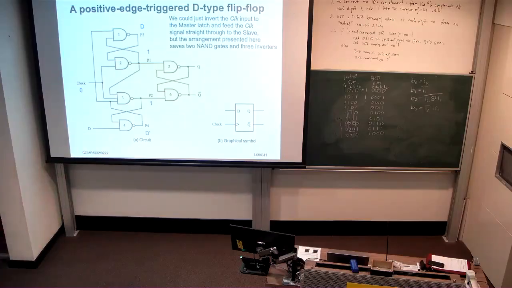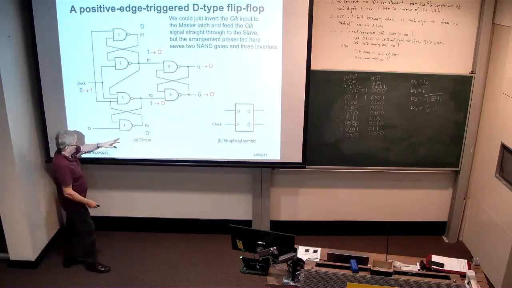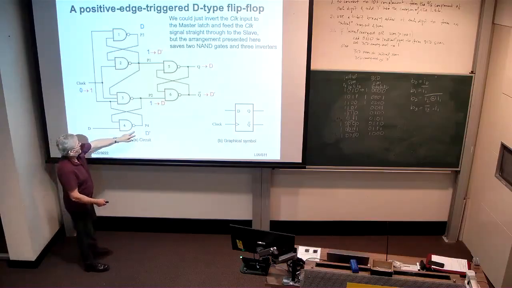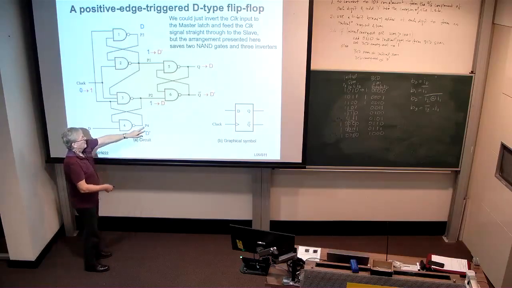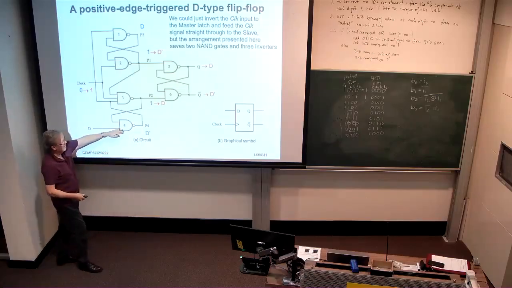Interesting things happen when the clock goes high here. When the clock goes high on these two NAND gates, we previously had not D on P4 because P2 was at 1 and therefore it inverted the D input.